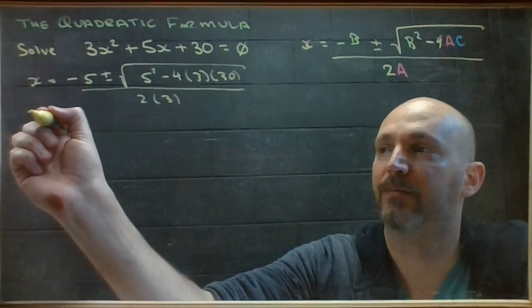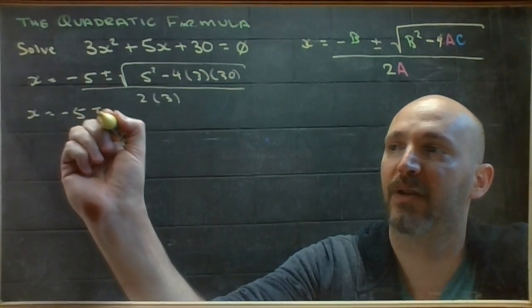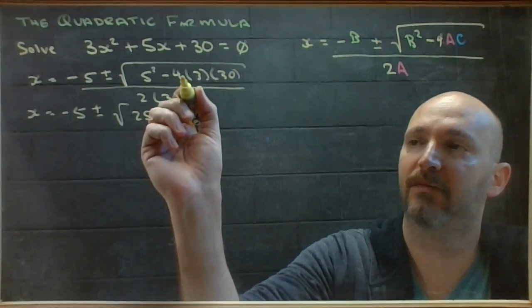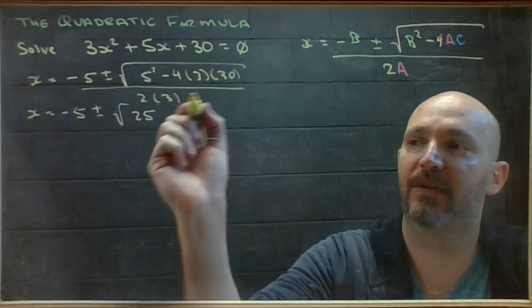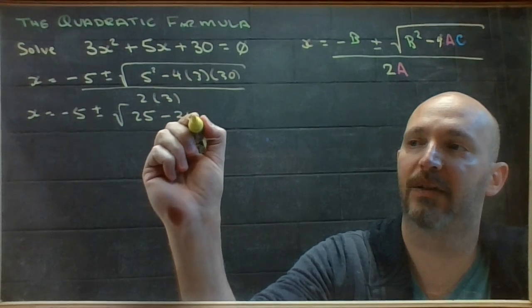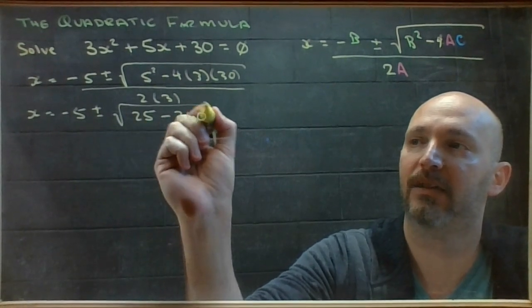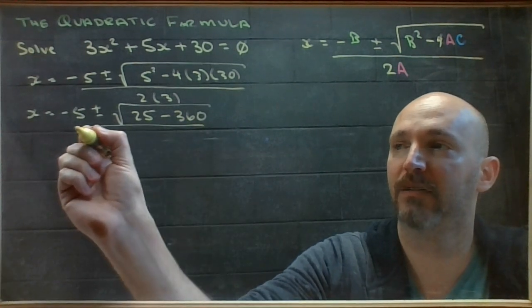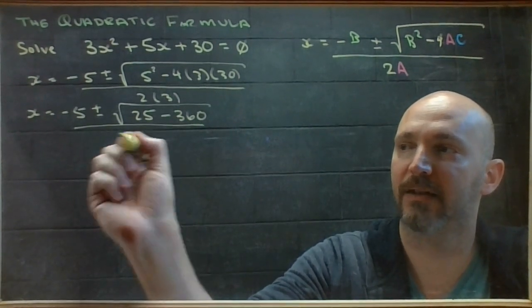Okay, so I have -5 plus or minus 5 squared is 25, 4 times 3 is 12, 12 times 30 would be 360, and a negative times a positive is a negative. 2 times 3 is 6.